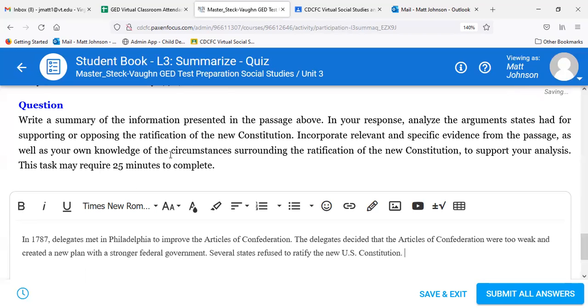Okay. And then what's next? We need something as far as why, right? So why did they refuse to ratify the U.S. Constitution? No protection for individual rights, right?